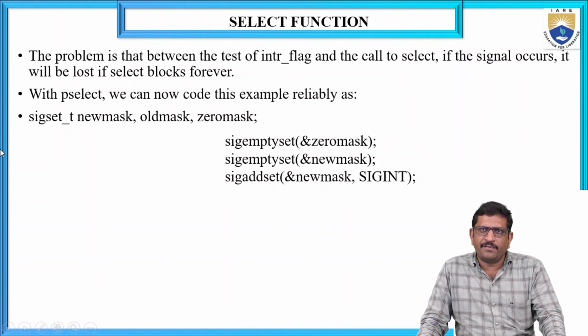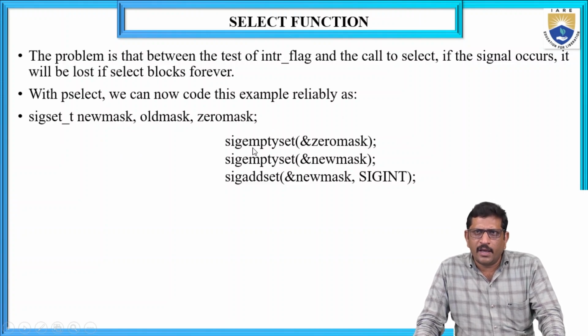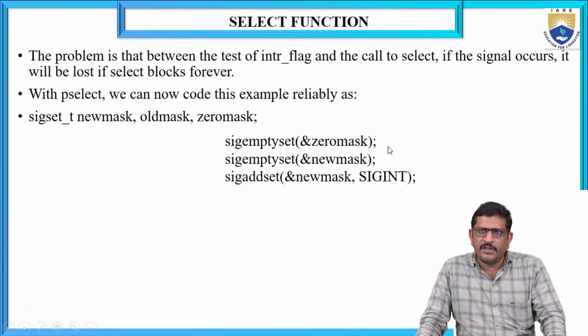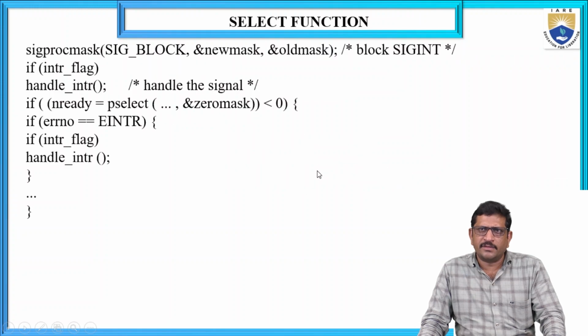With the pselect function, we can code this as the reliable example here: sigset_t newmask, oldmask, and zeromask. Sigemptyset(&zeromask), sigemptyset(&newmask), sigaddset(&newmask, SIGINT).